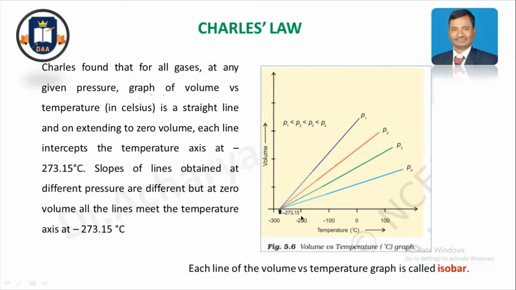So these are the slopes of the lines obtained at different pressures, here P1, P2, P3, P4, where P1 is the very lowest, and the pressure is increasing in order P2, P3, and P4. When the pressure is increased, you see the slope of the line also goes down.